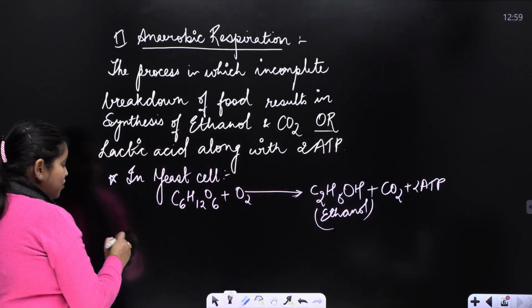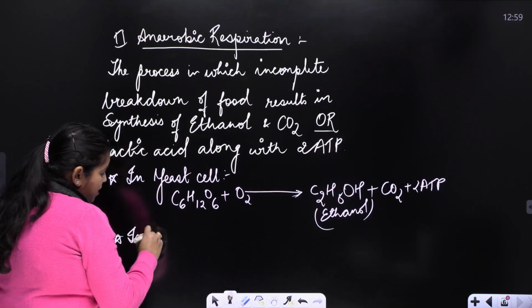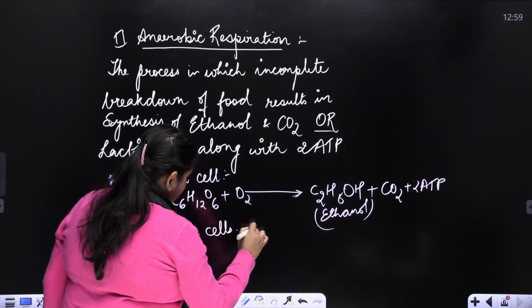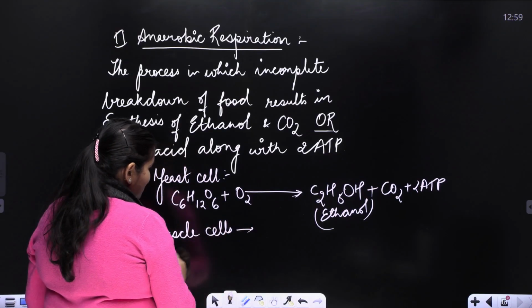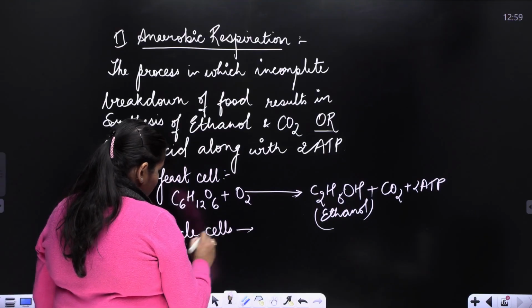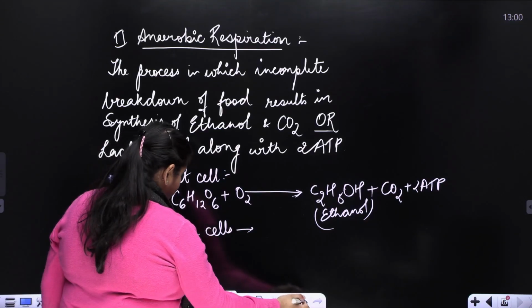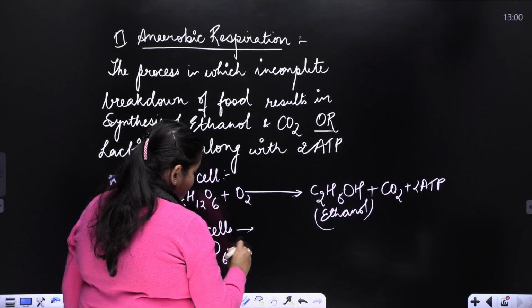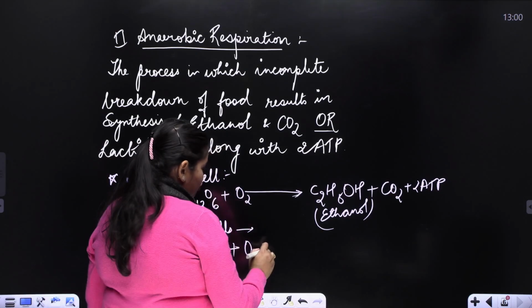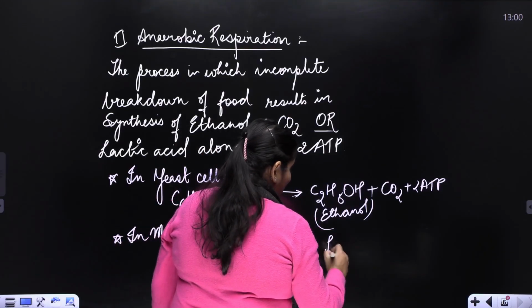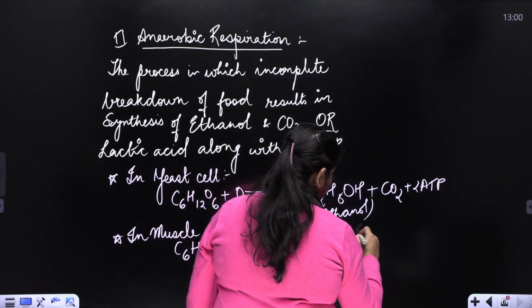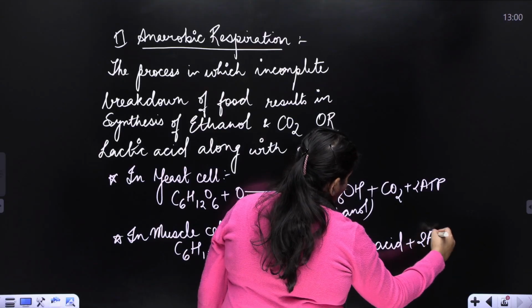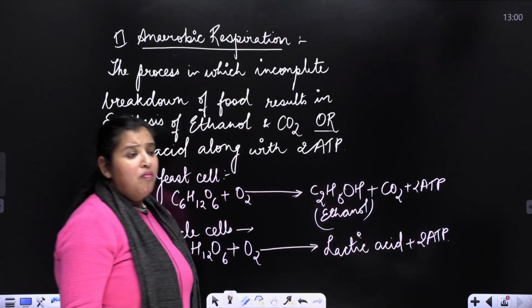And if the same reaction is happening in muscle cells, then it is as follows: C6H12O6 gives lactic acid, no carbon dioxide, and 2 ATP molecules.